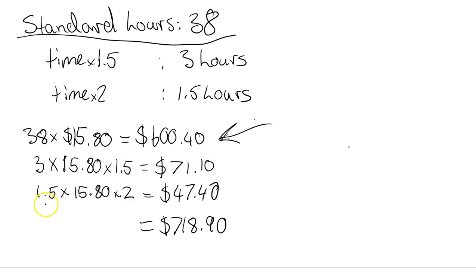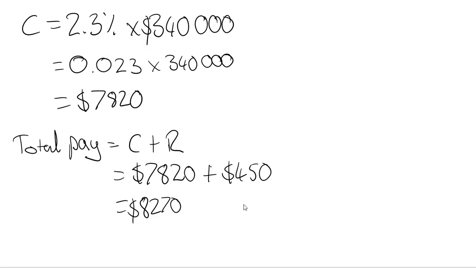That equals $71.10, and then similarly for the double time: 1.5 times $15.80 times 2, which represents the double time, and this represents how many hours he did, which was $47.40. And then adding it all up, we get to $718.90.